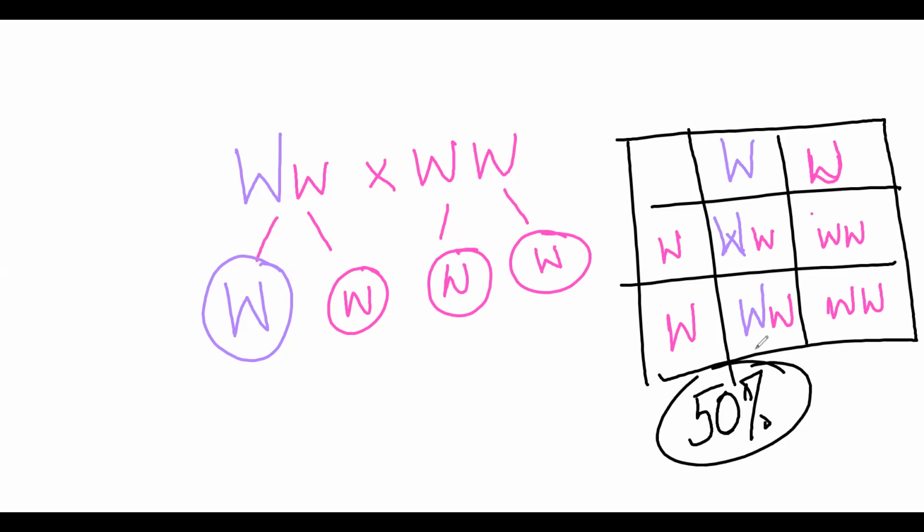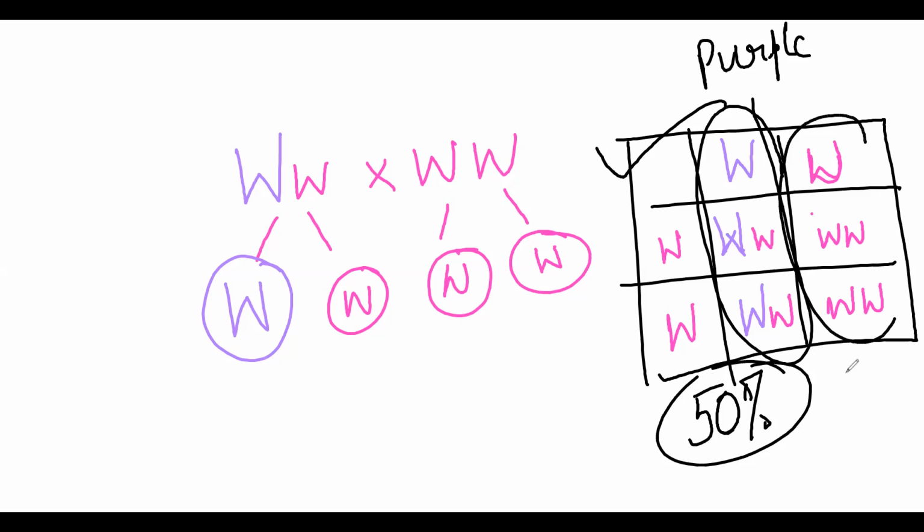So half of the plants will have purple flowers and half will have white flowers, right? So through a test cross, one can identify the unknown genotype of the plant.